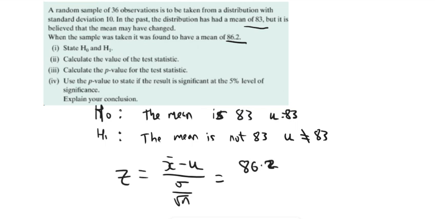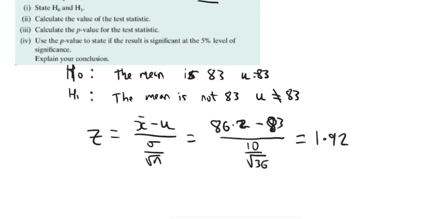The mu is always the mean of the whole distribution, in this case the distribution it had in the past, so 83, all over the standard deviation, which is 10, and our random sample was of 36 observations, so root 36. Putting that into your calculator, you should get 1.92. That is our test statistic.